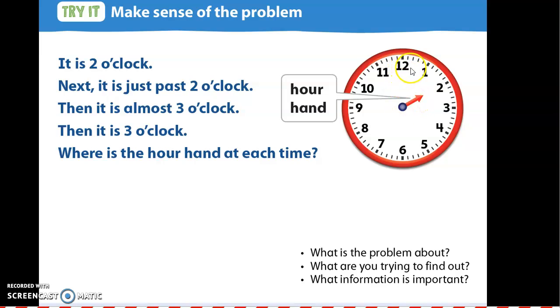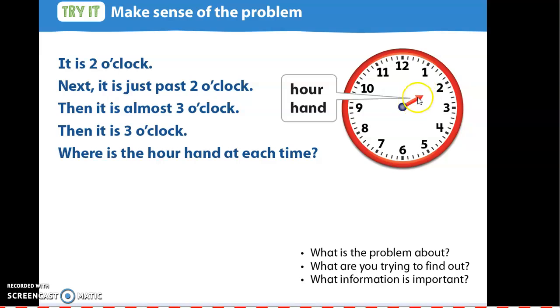So as that minute hand moves off past the 12 and starts into the hour, that hour hand is also going to be starting to move from one hour number to the next. Now, every tick that the minute hand moves, the hour hand is not going to move because the minute hand has to go much farther. The minute hand has to go all the way around the clock, whereas the hour hand is just going from one number to the next.